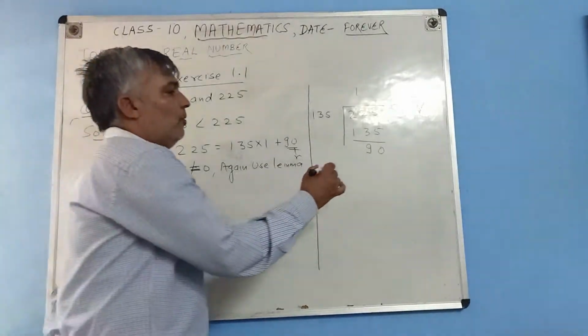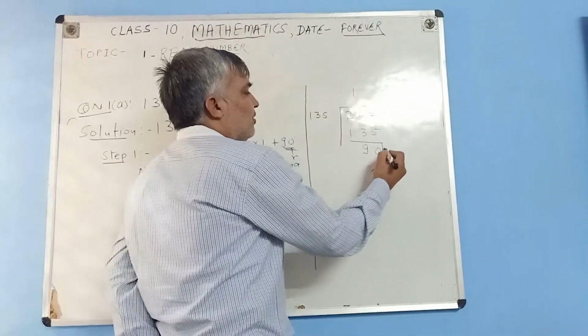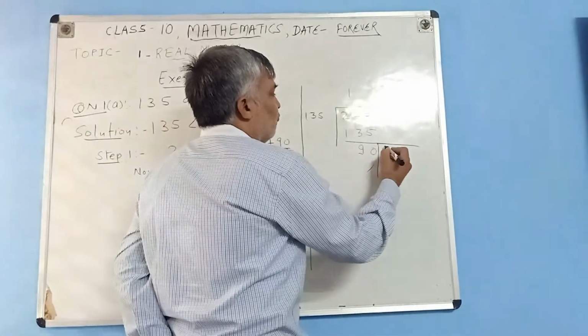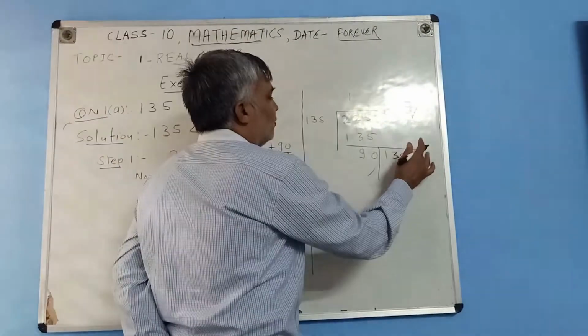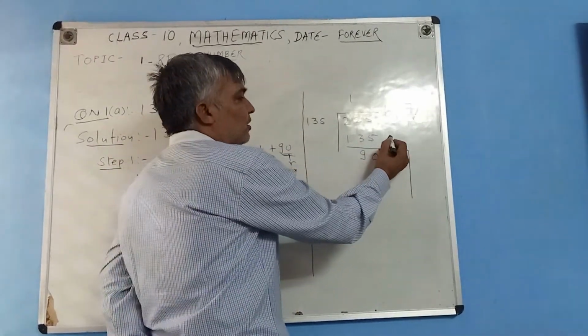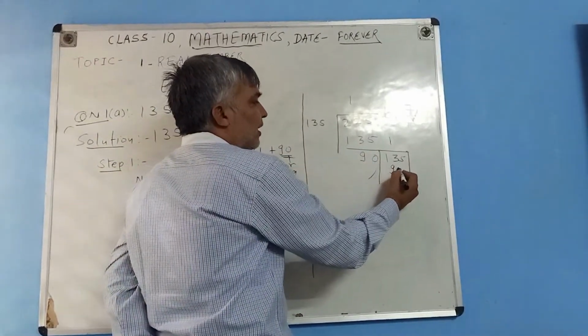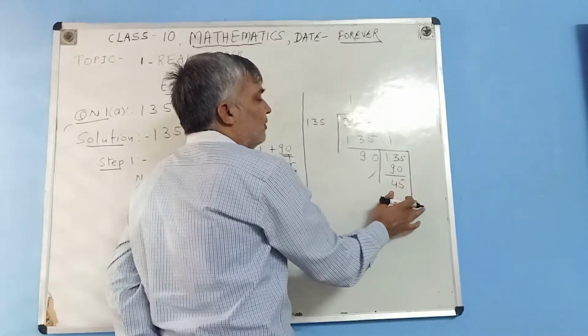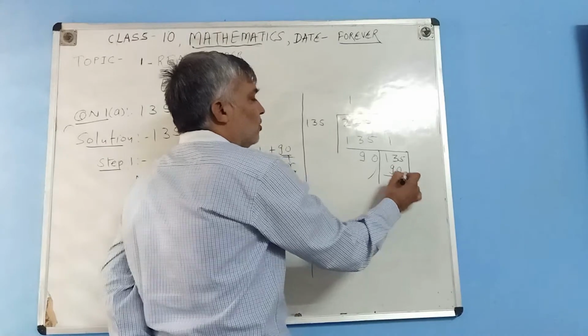So therefore again 90, 135. Now look, the pattern will change: 90 and 135. This is divided again, 1 times 90, that is 45.